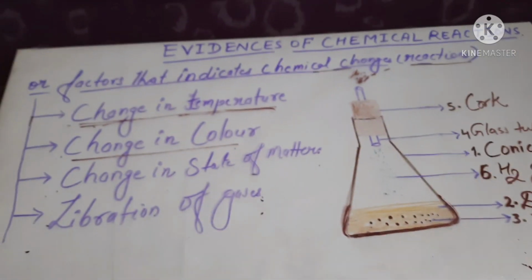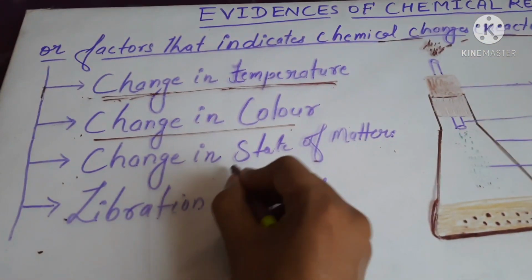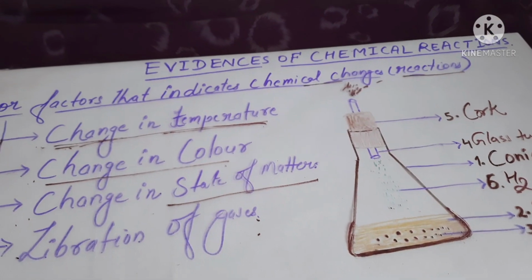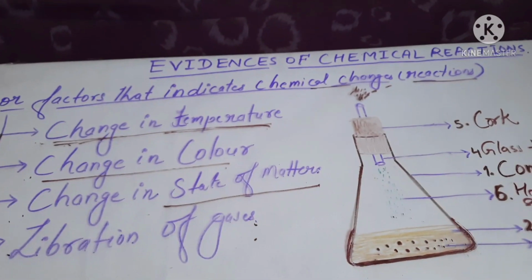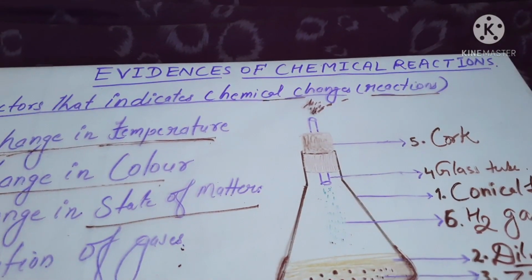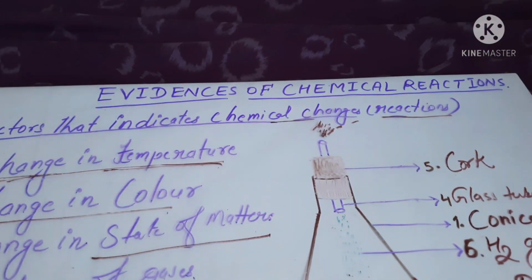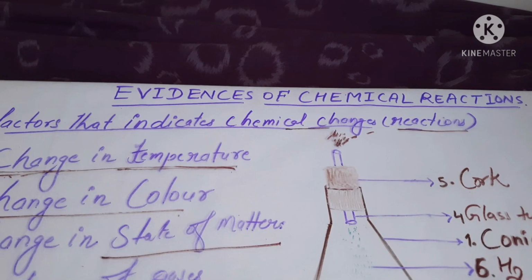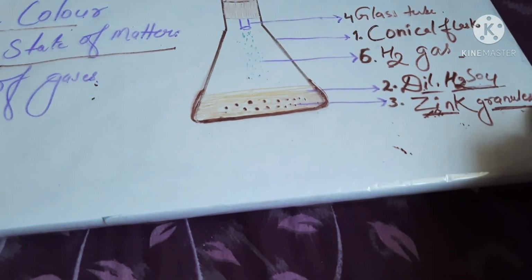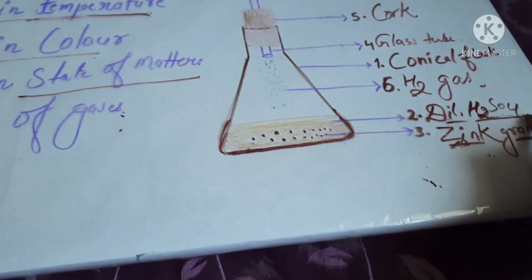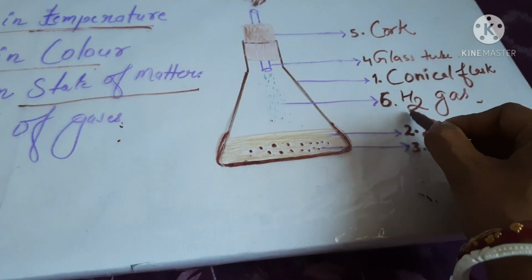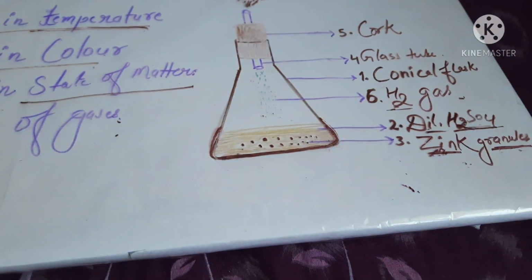Now the third factor is the change in state of matter. Does any change in state of matter take place? Yes, of course, because zinc granules in solid state react with dilute H2SO4 in liquid state and form a gaseous product, H2.